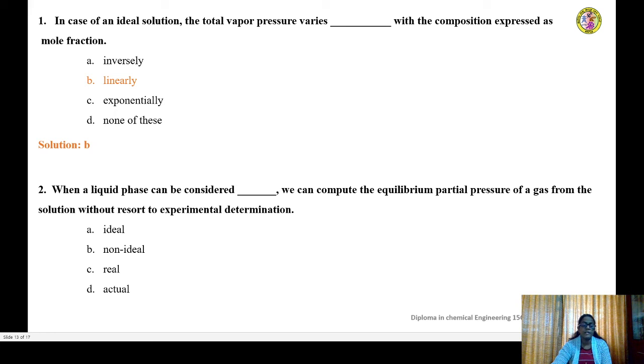The options given are ideal, non-ideal, real, actual. So here it is the ideal solution, which can be used to deduce the vapor liquid equilibrium for a particular system using Raoult's law. So the right option is the first one, ideal liquid solution.